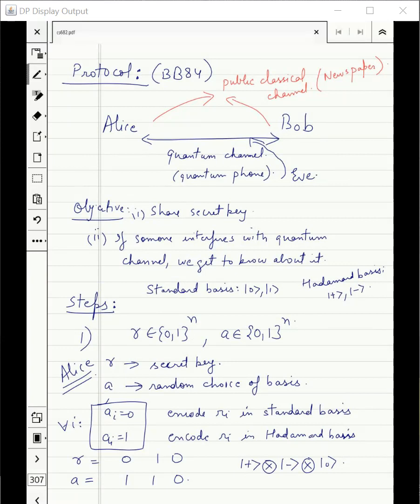One option might be that at the first position, I toss a coin. If it turns out head, I choose between standard and Hadamard; if tail, I choose between B1 and B2. But that will make the protocol much more complex, and I don't know what you will achieve with that.